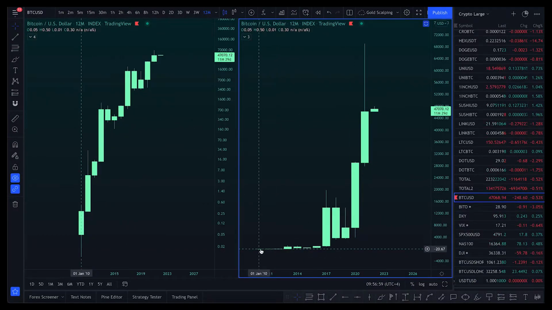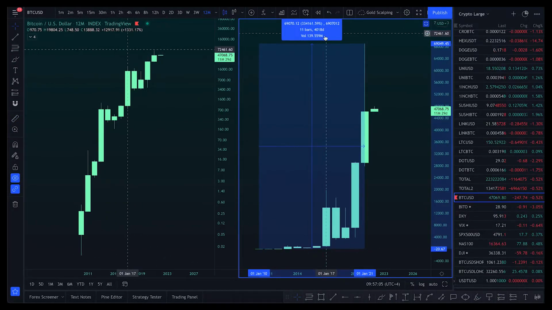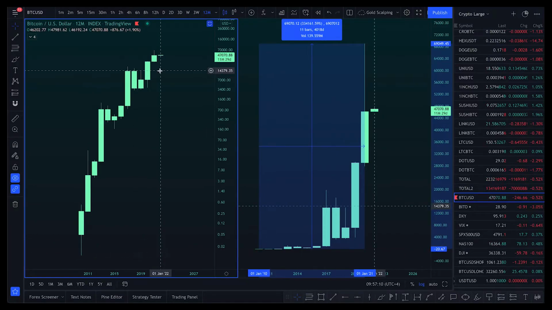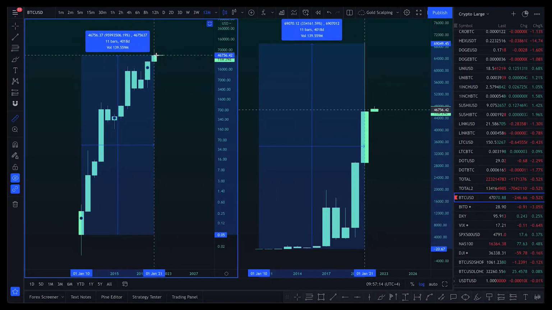Because this was absolutely insane. It was basically an evolution of how many percent? And I'm not even doing the right amount here. Let's say this is the right amount. Let's say we go from here to here. This is how much Bitcoin has gained over the last decade, okay?